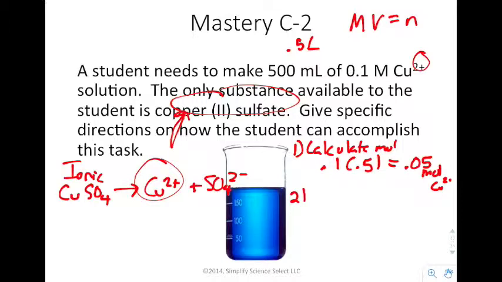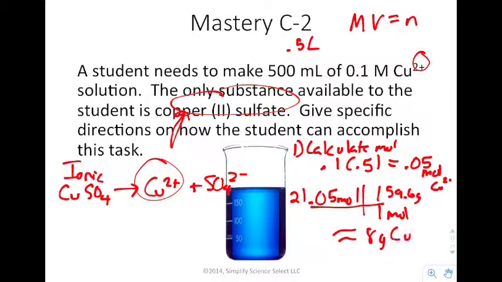So I'm going to find 0.05 moles, and I can't just use the mass of copper. I have to use the mass of copper sulfate, which is where it comes from. So the mass of copper sulfate ends up being about 159.6 grams. So we multiply that by the number of moles we need, and we need about 8 grams of copper sulfate. So now we know how much we need.